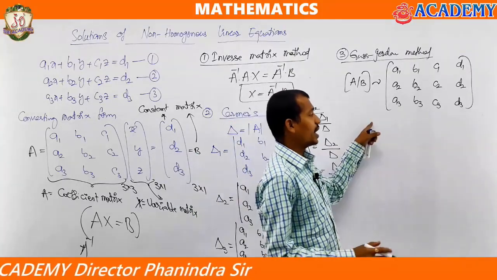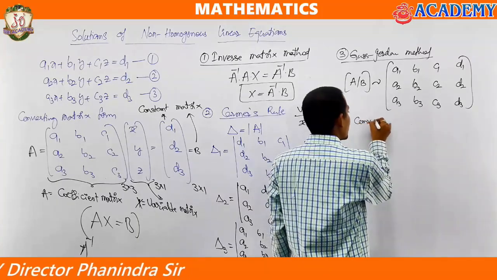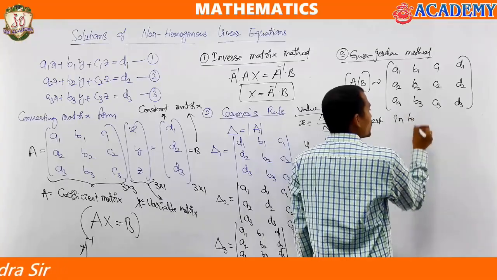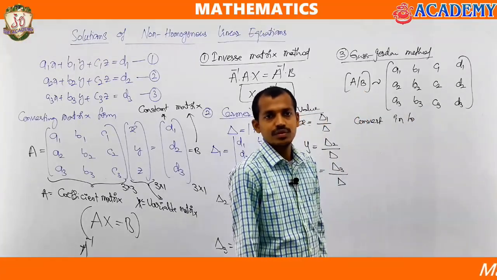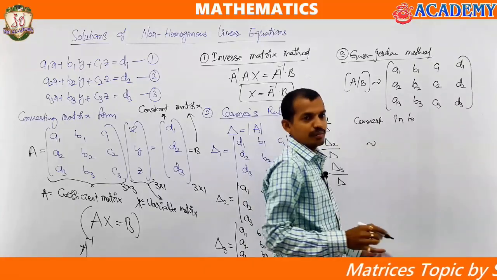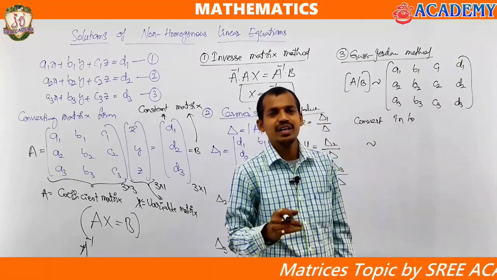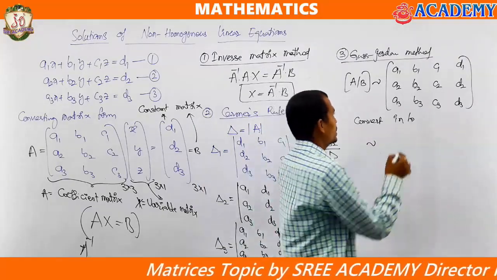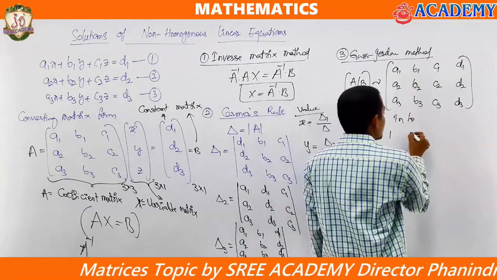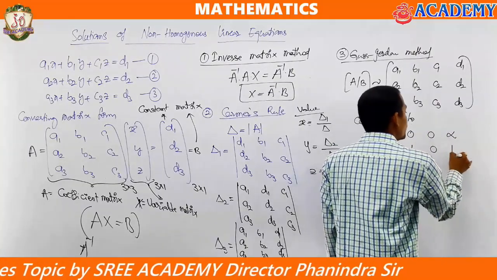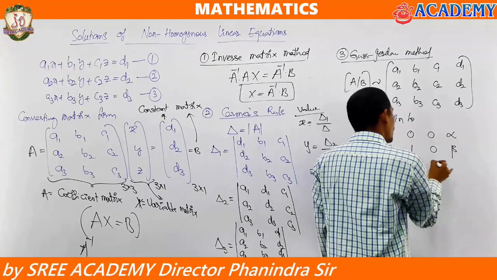We will convert this matrix to something like this by using elementary transformations, applying row and column operations, as we did in determinants. That is, we'll write here 1 0 0 alpha, 0 1 0 beta, 0 0 1 gamma.